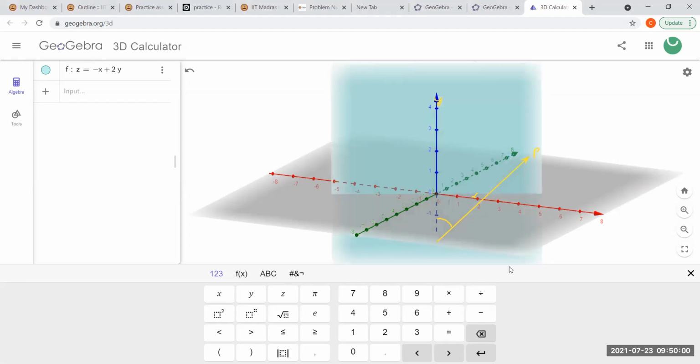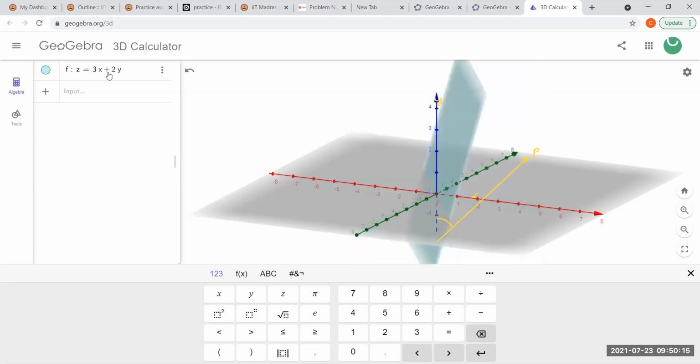You can see the plane has changed angle, right? I can keep on changing the plane angle by changing the values. Maybe I can put it to 3. Maybe this is plus, so I can put it minus.